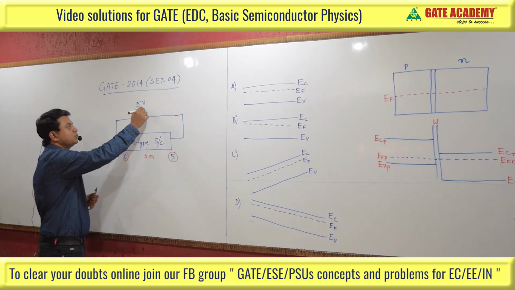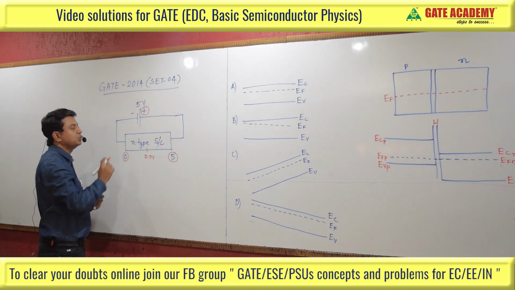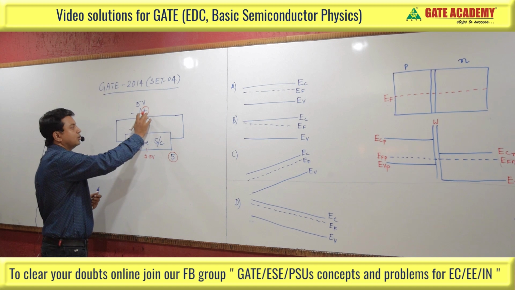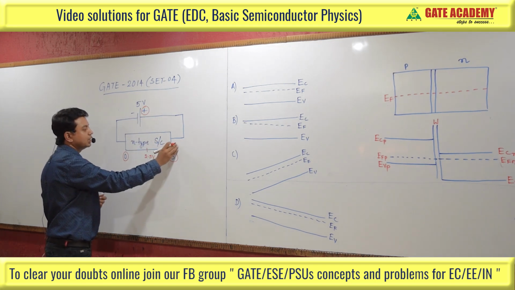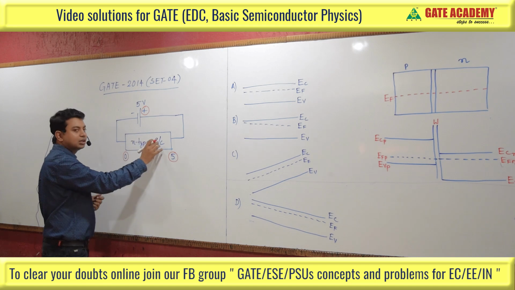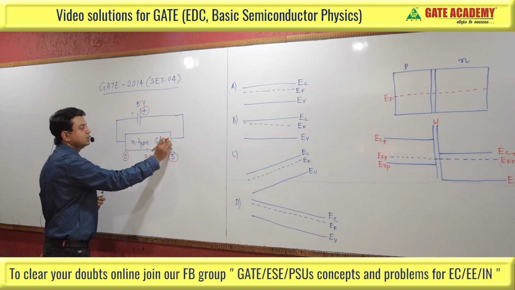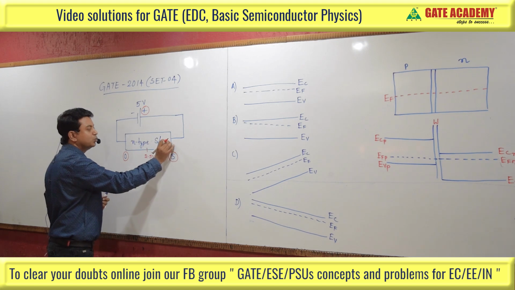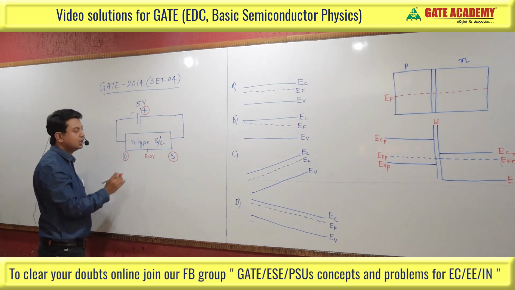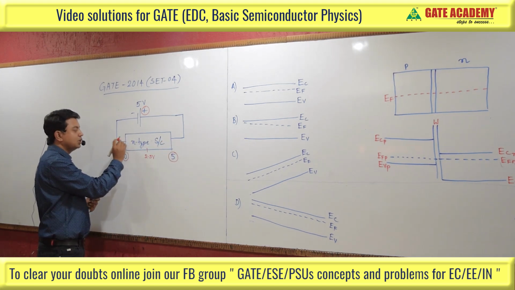Because of this positive polarity applied to the right side, and the semiconductor being n-type, this semiconductor is reverse biased, more reverse biased on the right side and less reverse biased on the left side.